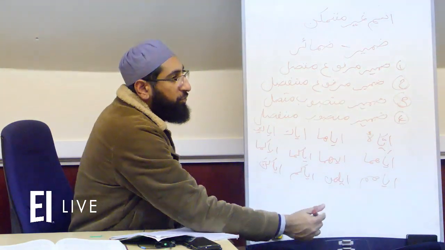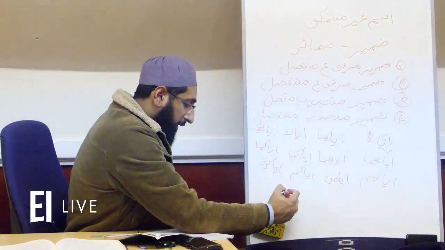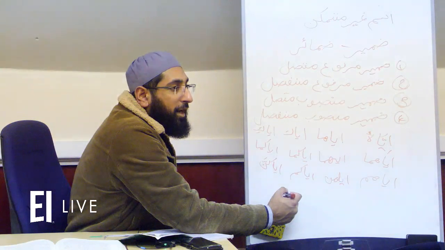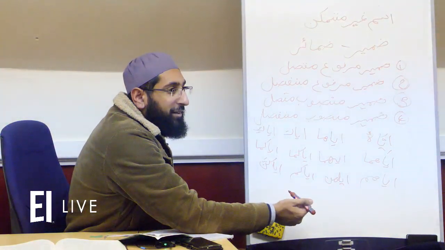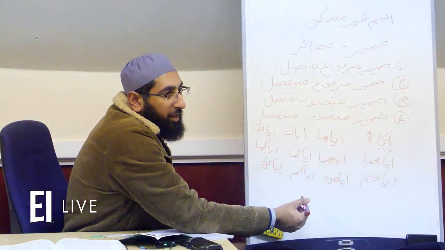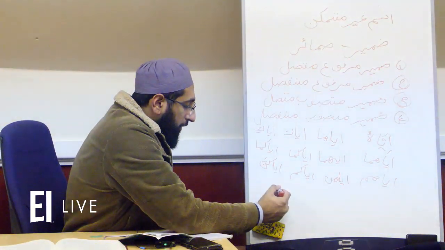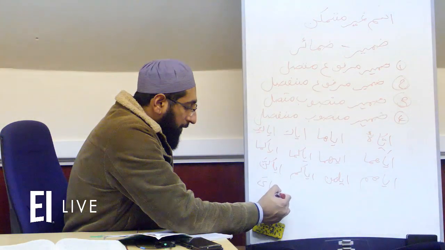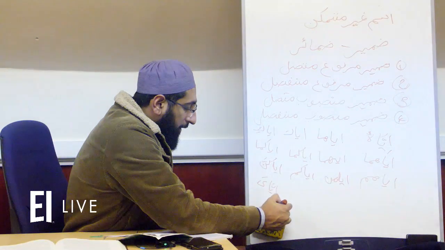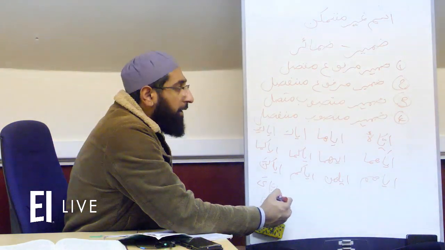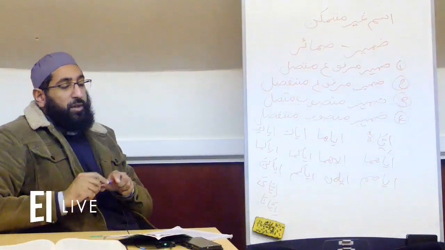And then you have the last two, which is Iyaya. The noon will not come because it's not fail. You can accept it's got alif, so the kasra can't come anyway. So Iyaya and Iyana. Sorry, I wrote it a bit weird. Read it with me, it'll be a lot easier.